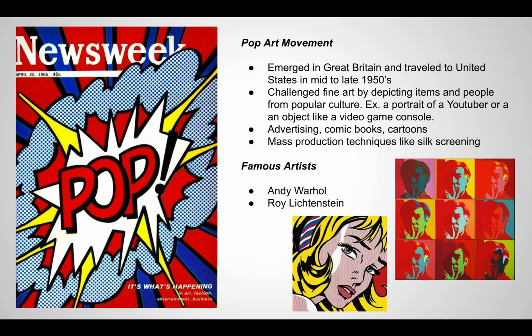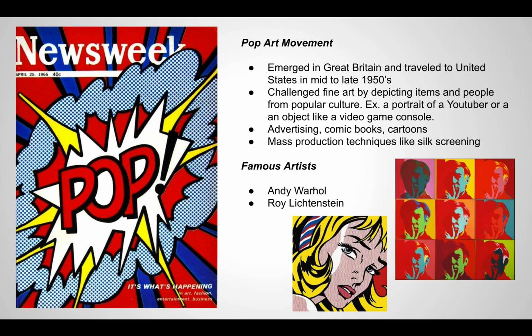So what is an example of something from popular culture? Well, an example for you guys right now might be a YouTuber or maybe a TikToker or an object like a video game console. So things that come from your culture, what you focus on in your world. It also had a lot to do with imagery that had similarities to advertising, comic books, and cartoons.